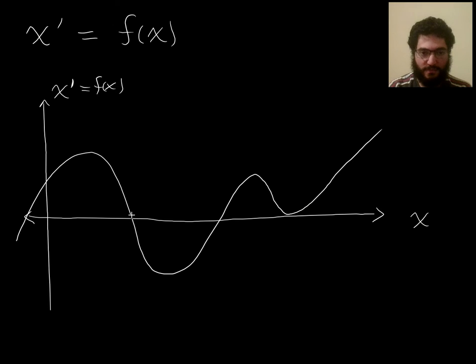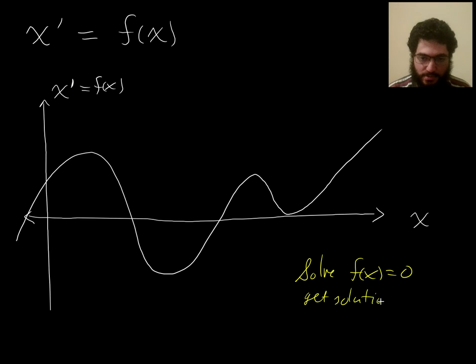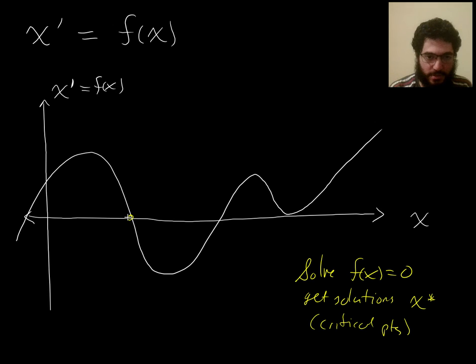Those are the zeros of f, so the values of x that make f 0. After you solve the equation f of x equals 0, and you get some solutions, possibly more than one, you call those x star. These solutions are called critical points. In this picture, they would be these points where the function f, which I'm plotting here, takes the value 0. So this picture shows you 3 critical points.